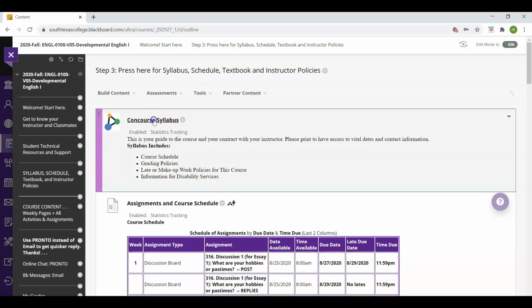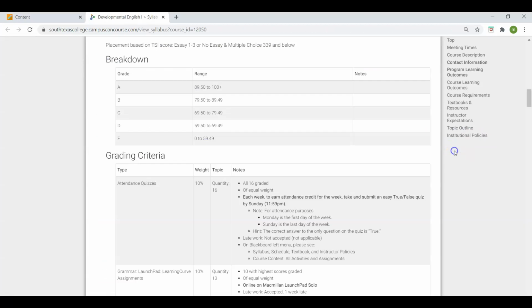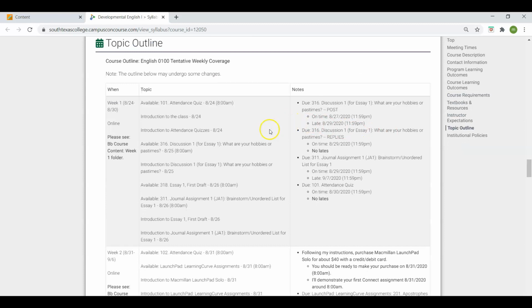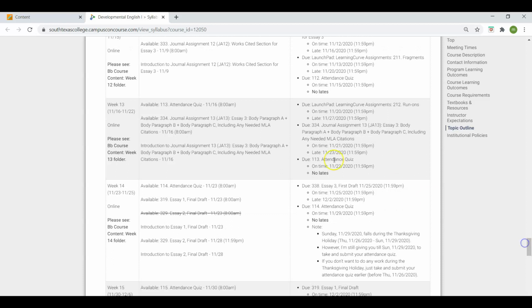On the syllabus, we go to topic outline and then down to week 13. You can see right here it says that the journal assignment is available.